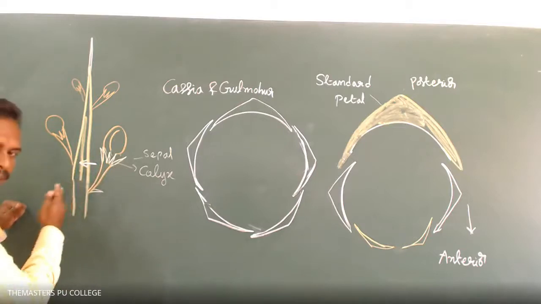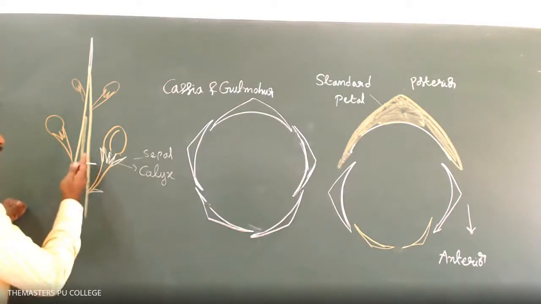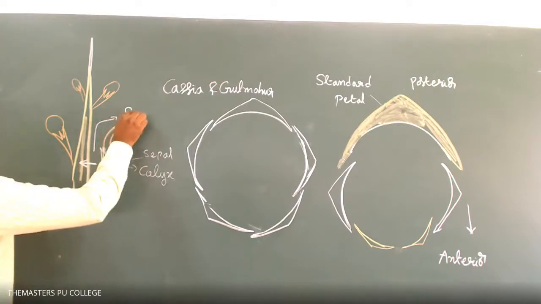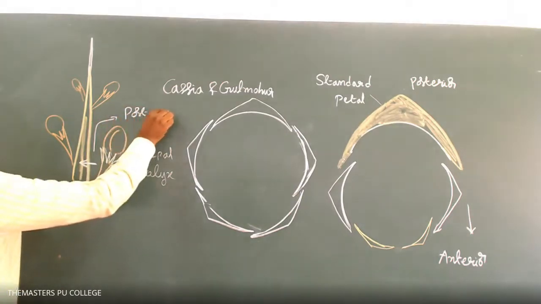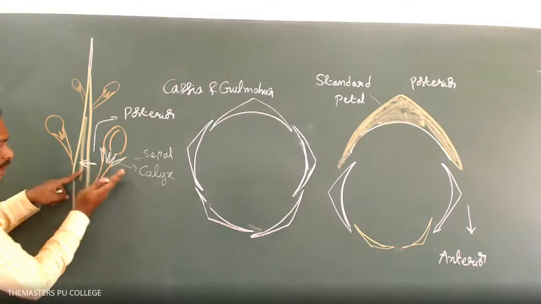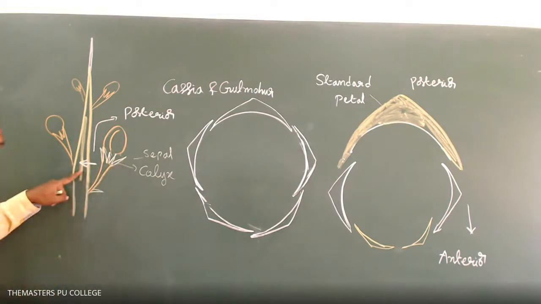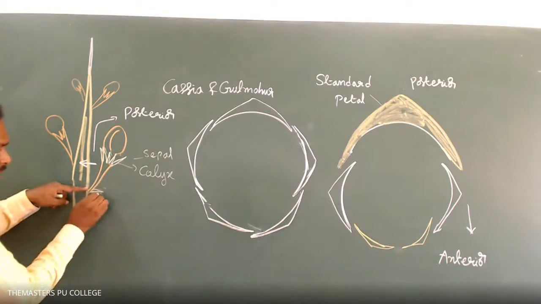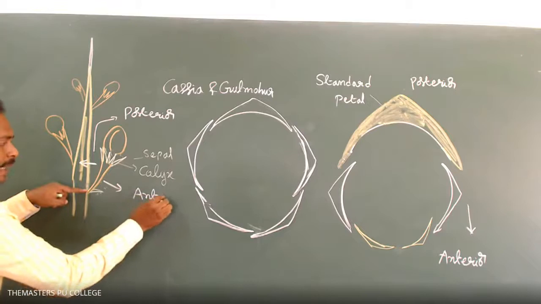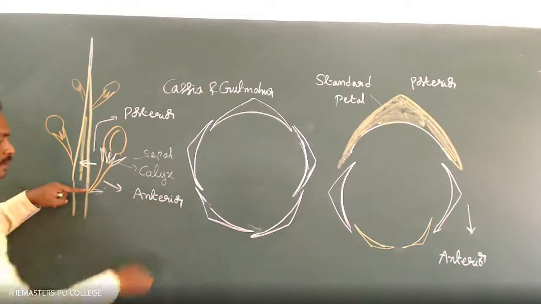Towards the floral axis is called the posterior side. Opposite to the axis, towards the bract side, is called the anterior side of the flower.